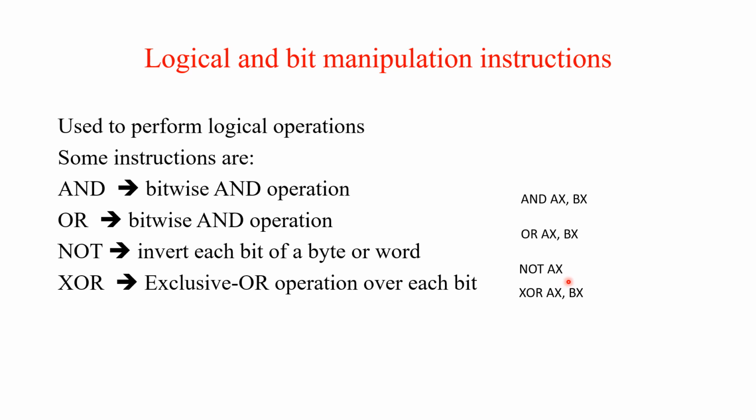For example, NOT AX inverts all bits in register AX. The XOR instruction performs an exclusive OR operation over each bit. For example, XOR AX, BX performs a bitwise XOR between registers AX and BX, storing the result in AX.